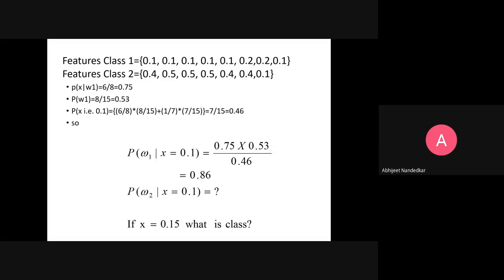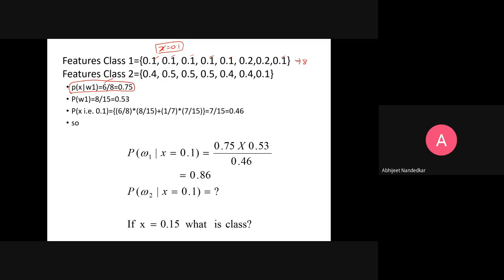If you go with this problem further, you can find the likelihood. I have solved this with the help of x equal to 0.1. You can try afterwards: if x is equal to 0.1, then what is the likelihood? You count how many times 0.1 appears in omega 1: 1, 2, 3, 4, 5, 6. So 6 out of 8.